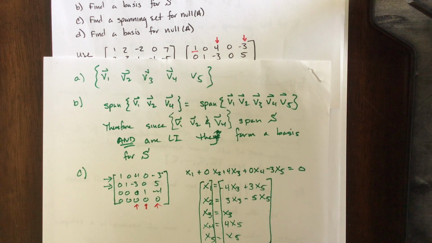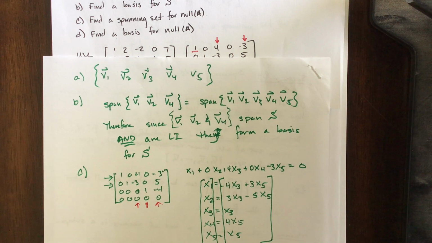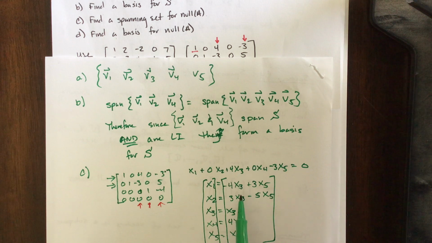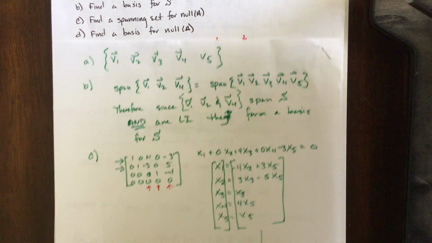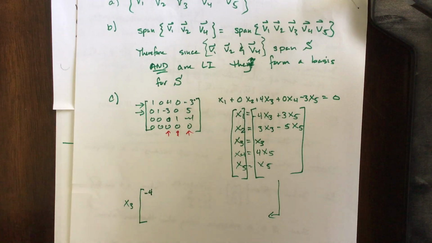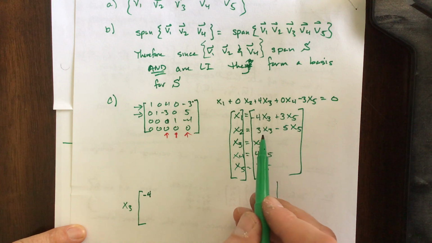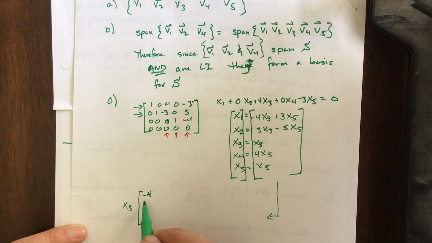So let's take this result. And notice that they all have, or most of them have, x3s and x5s incorporated in them. So I could take x3 and write this as negative 4. Make sure you guys can see in the screen. This is negative 4 times x3, 3 times x3, 1 times x3.